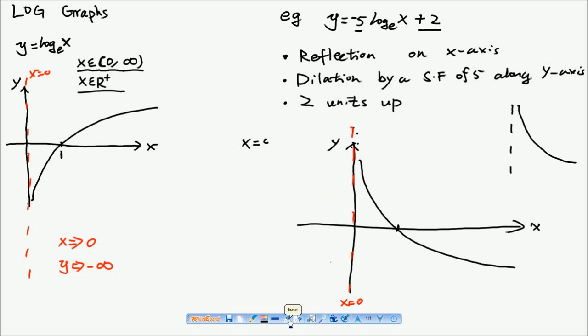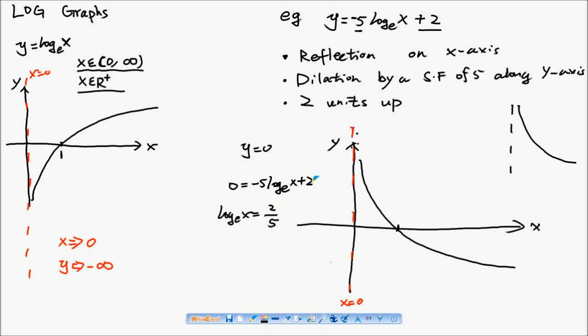Sorry, y equals 0. So 0 equals minus 5 log base e x plus 2. We can rearrange this formula, so log base e x equals 2 on 5.